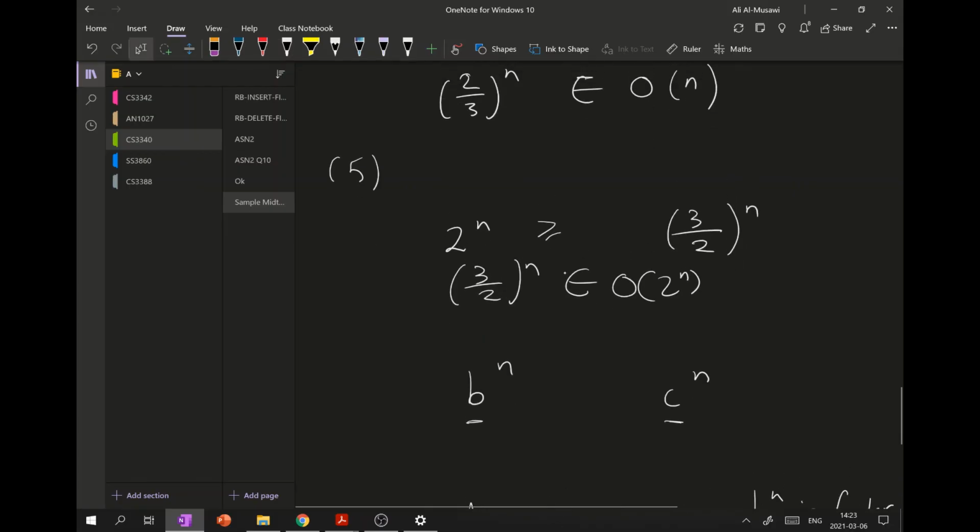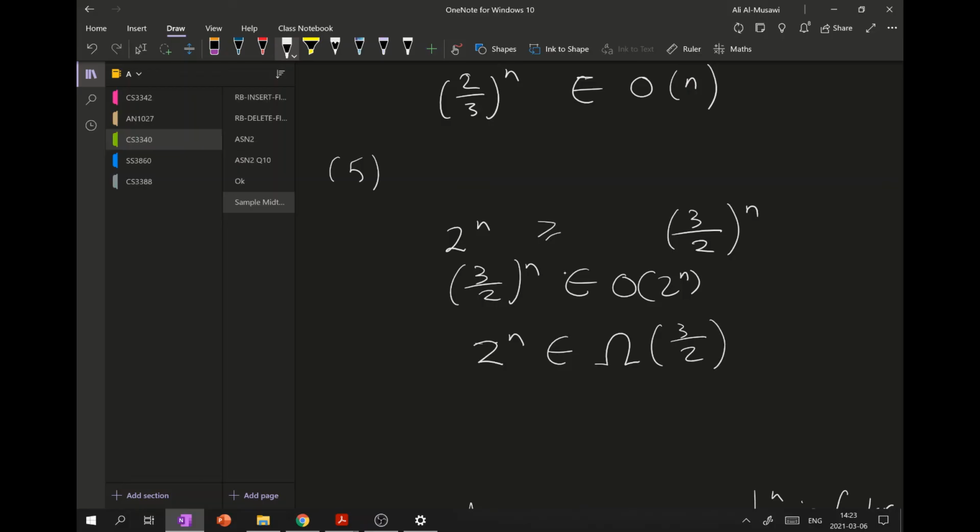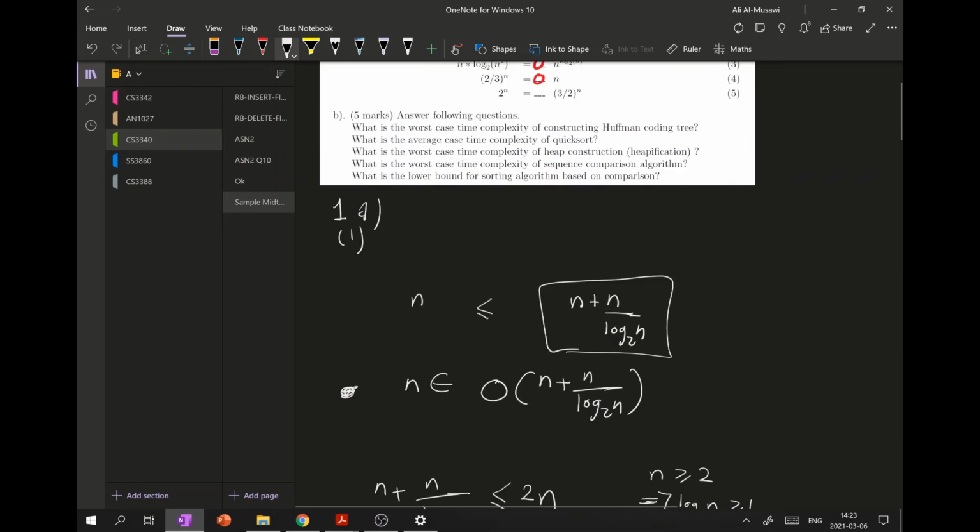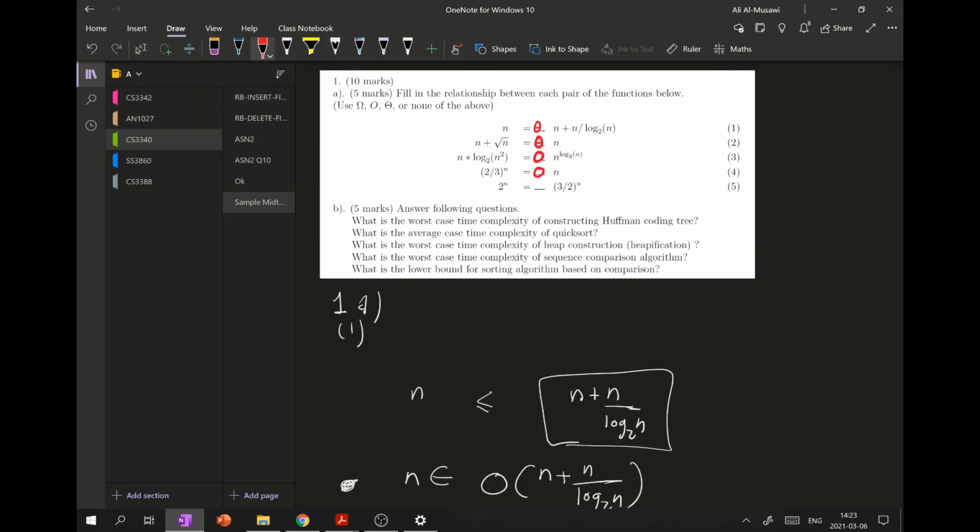But that's not the same order that we're given. To reverse the order, we use big omega. So we have 2^n is in big omega of (3/2)^n. And that's it. We're done here.